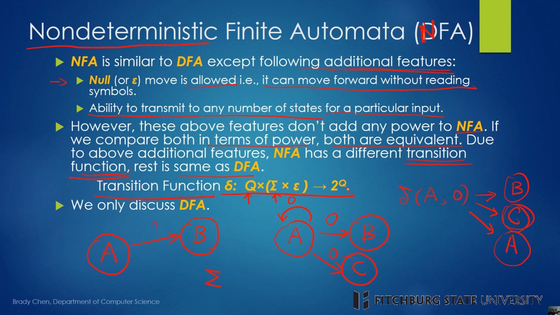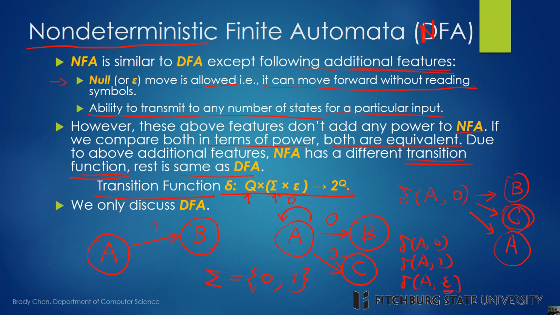Like if sigma is 0 and 1, delta could be from A to 0, from A to 1. And it also can be from A to epsilon, which is the null symbol, the empty symbol. There's no symbol.